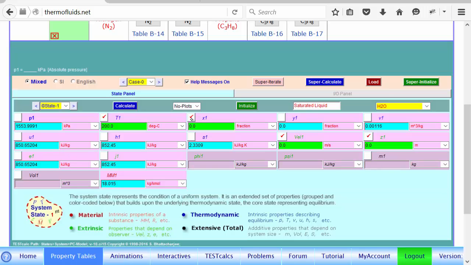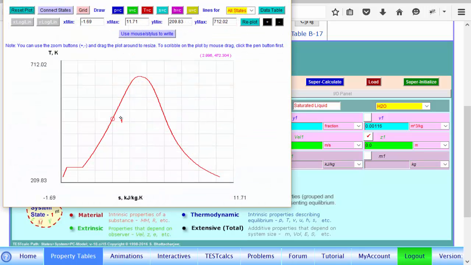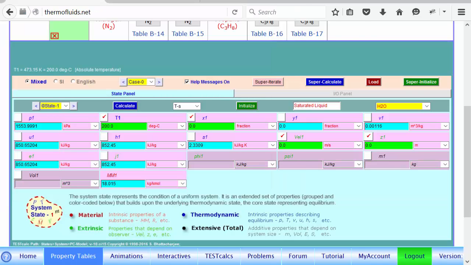And notice it shows the phase is saturated liquid, and enthalpy is found, verified. And if you do a TS diagram, that should show that state 1 is on the F line, showing it's a saturated liquid. So that's a visual check on the calculated state.